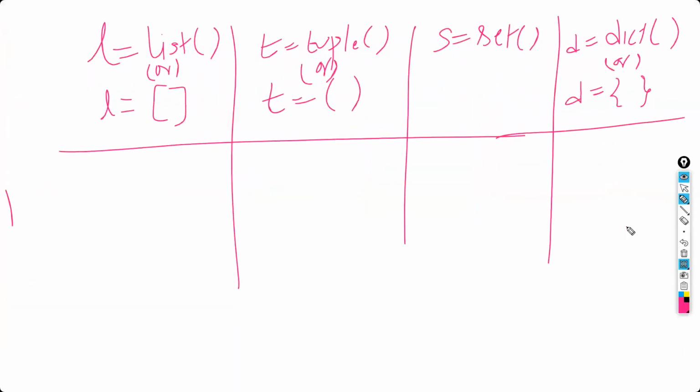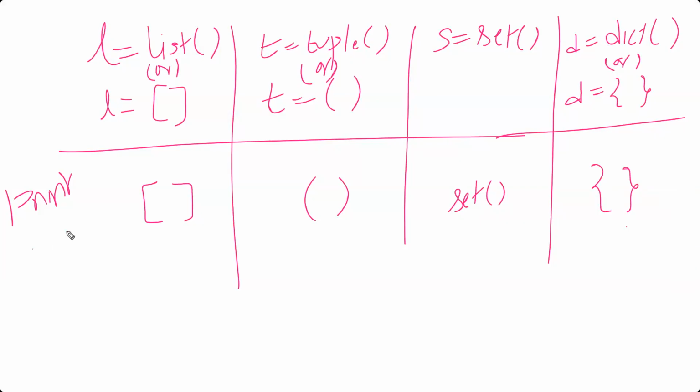This is while assigning. Instead of assigning, if you are printing, the empty list will be printed with empty square brackets. The empty tuple will be printed with empty parentheses. The empty set, how will it be printed, guys? Set of. The empty dictionary, how will it be printed? Curly brackets. Like this, it is going to print. This is printing. This is assigning.